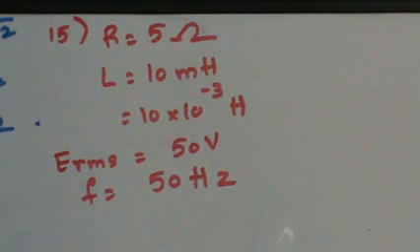What capacitance should be connected in series? I'll repeat the sum. An AC circuit has a resistor of 5 ohms and an inductor of 10 millihenry connected in series with 50 volts and 50 hertz.